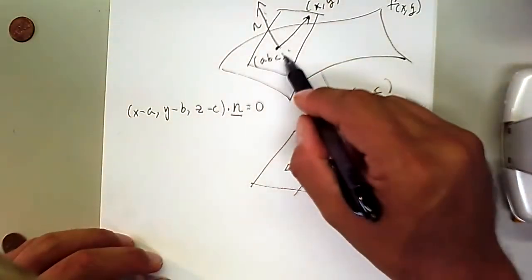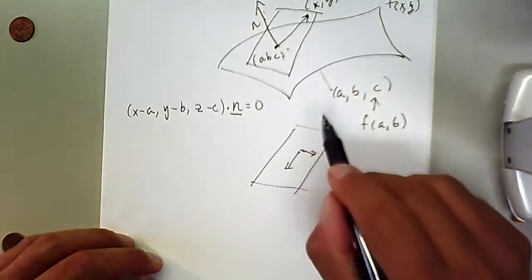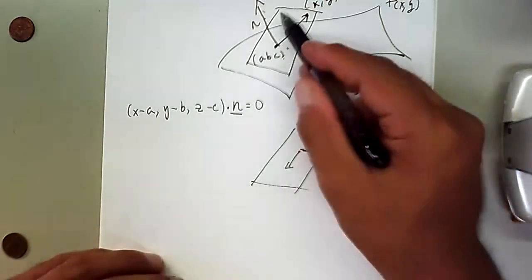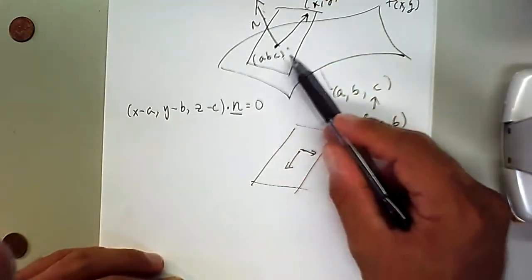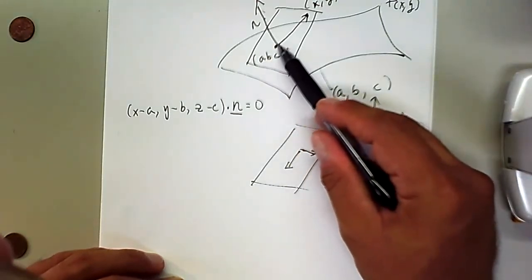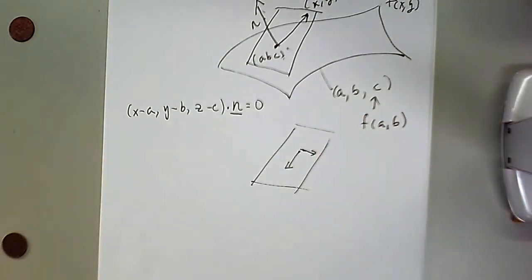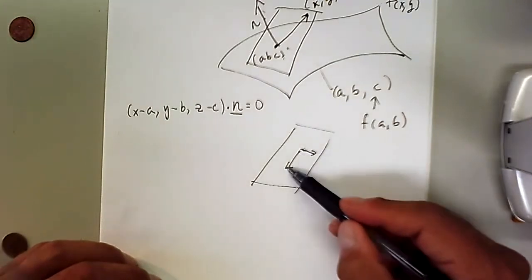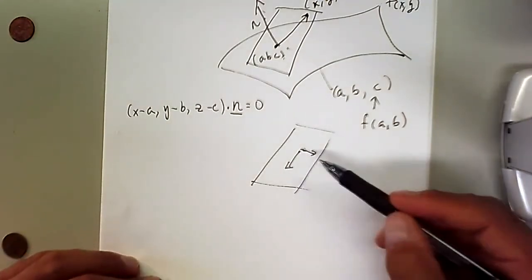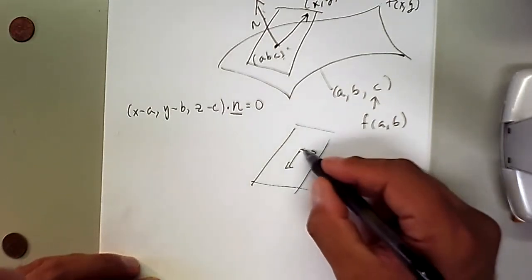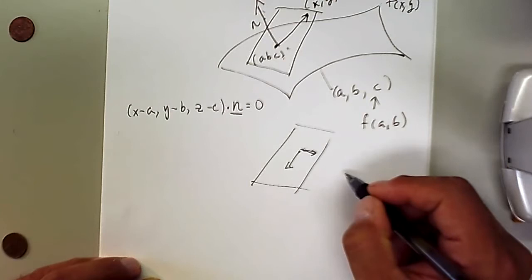That's the whole point of tangency: one is straight, the other one is curvy, perhaps, but they're going to be almost the same at this point of tangency. So the slopes are going to be the same. The slope in the x direction is going to be the partial derivative with respect to x, and the slope in the y direction is going to be the partial derivative with respect to y.